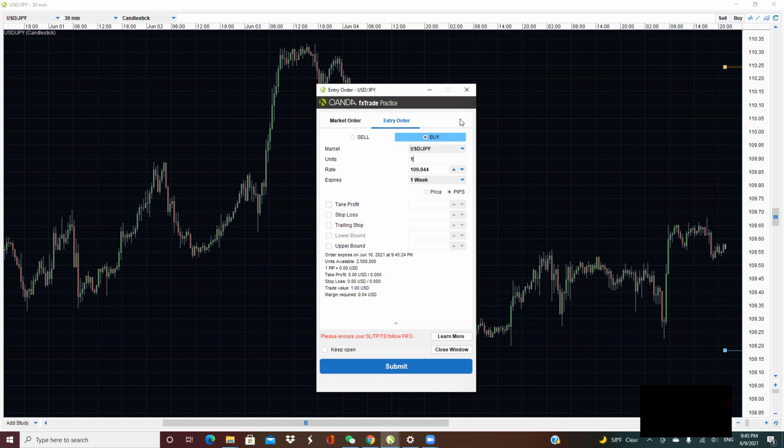If you deposit $100, every time you put a trade, you do not want to go over $2. So the rule of thumb is 2% of your total account. So if you put $100, each time your trade unit should be around 50 or below. If we put $50 in, the maximum you should go is 25 units.